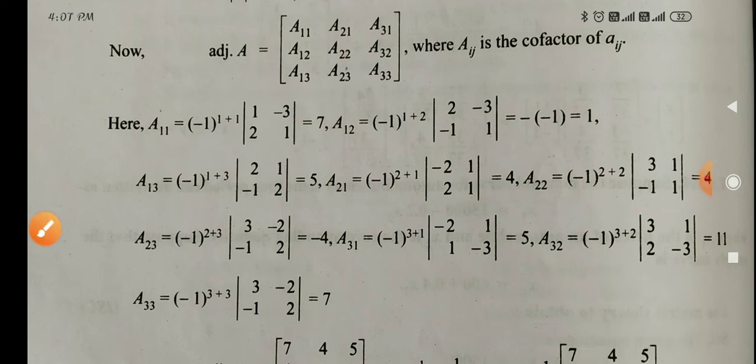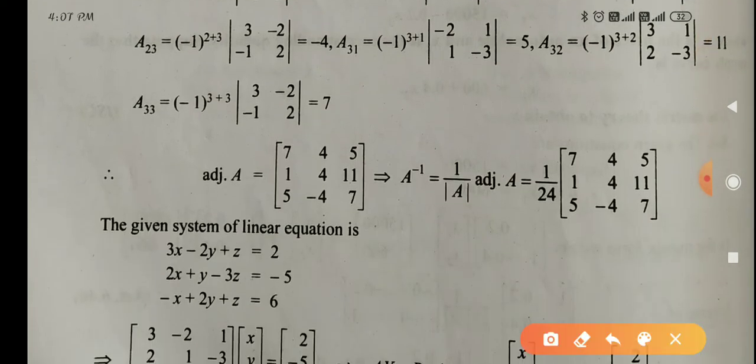So like this it is coming adjoint A. You can see this is adjoint A. So A inverse will be 1 upon determinant A into adjoint A. So first part is over. You have found A inverse.